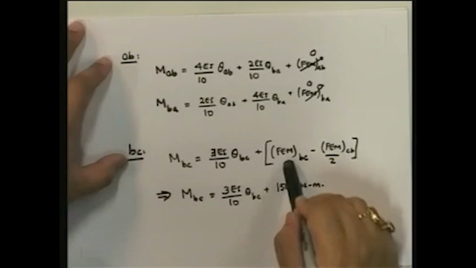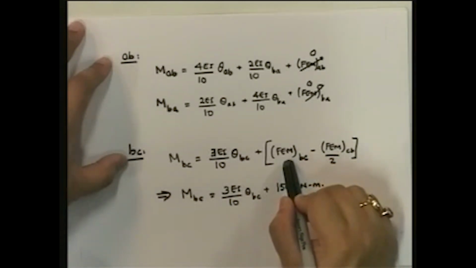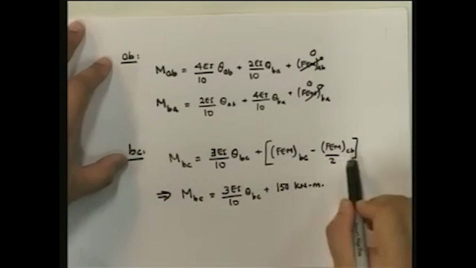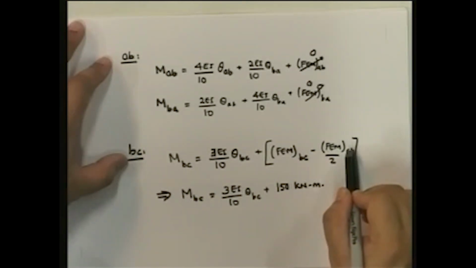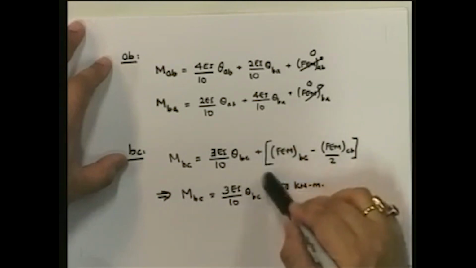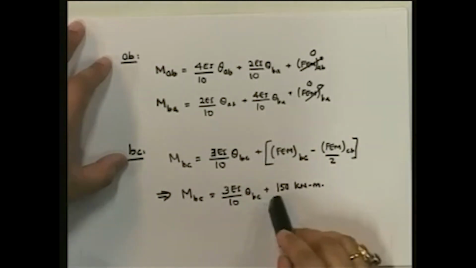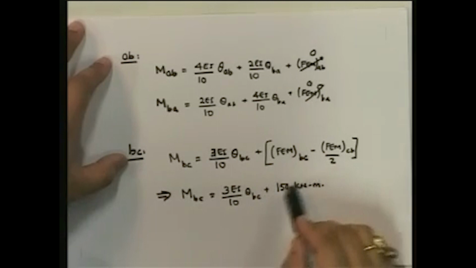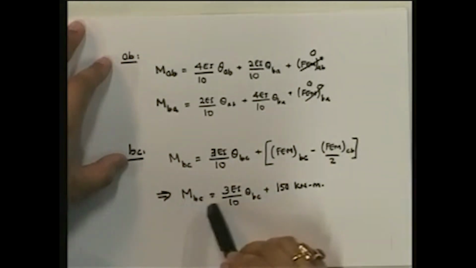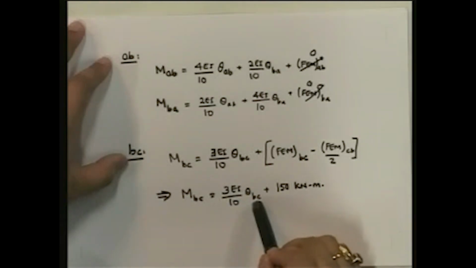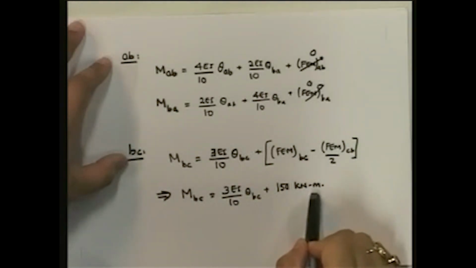This had turned out to be plus 100 kilonewton meter, and this had turned out to be minus 100 kilonewton meter. So when you substitute that into this equation, you get 150 kilonewton meter. Okay, and therefore MBC becomes equal to 3EI upon 10 theta BC plus 150.